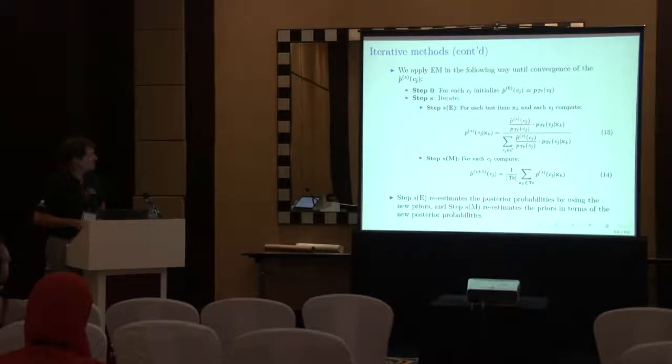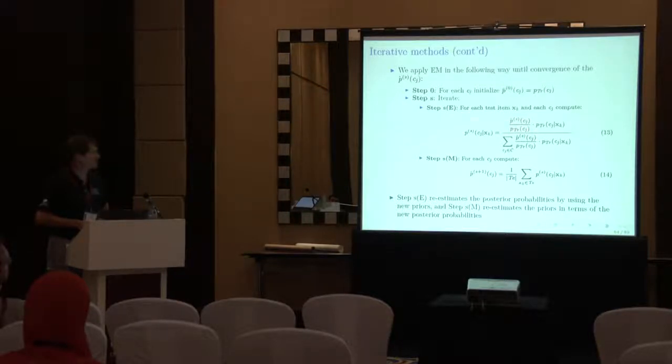We first recompute the posterior probabilities in the way that we have seen earlier. We essentially recalibrate the posterior probabilities given the new priors. We take the old posterior probabilities and multiply by the ratio of the newly computed priors divided by the maximum likelihood priors. This is just a normalization factor.